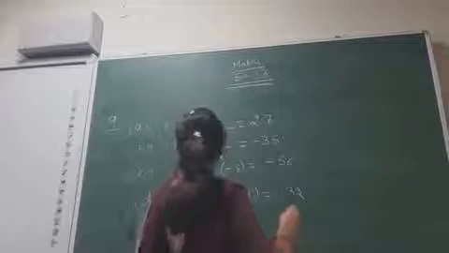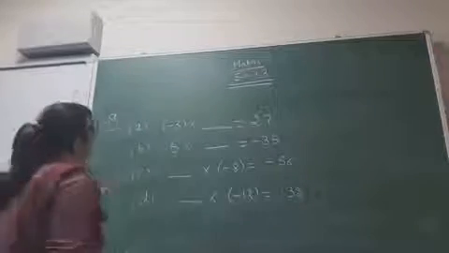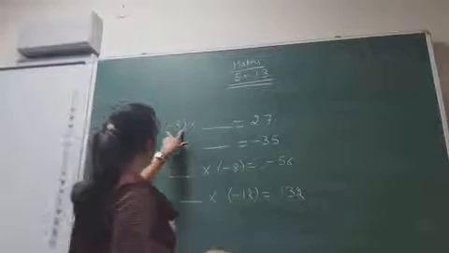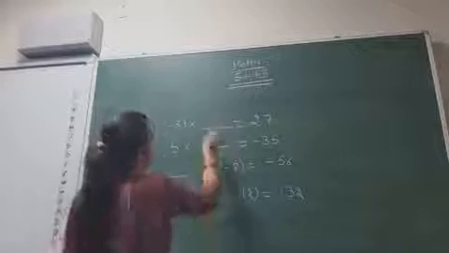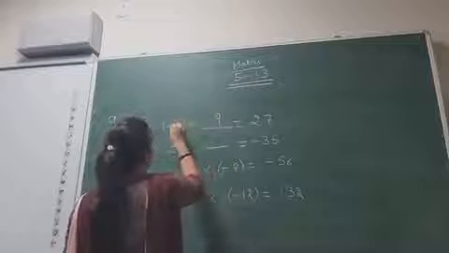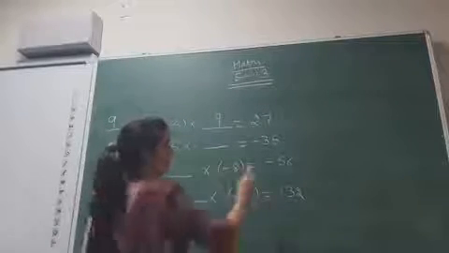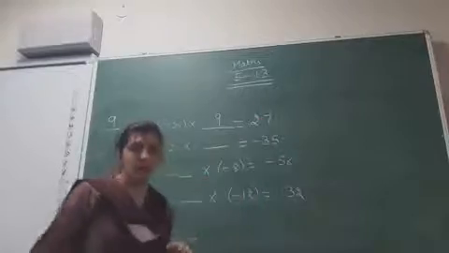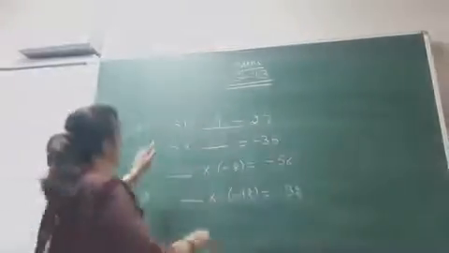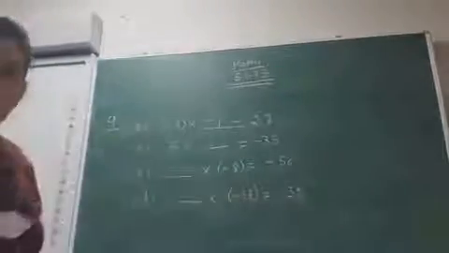When we divide 27 by 3, or if we are in the table of 3, 27 is on 9th place, so here is 9. Since the product is positive and one number is negative, the blank should also be negative.